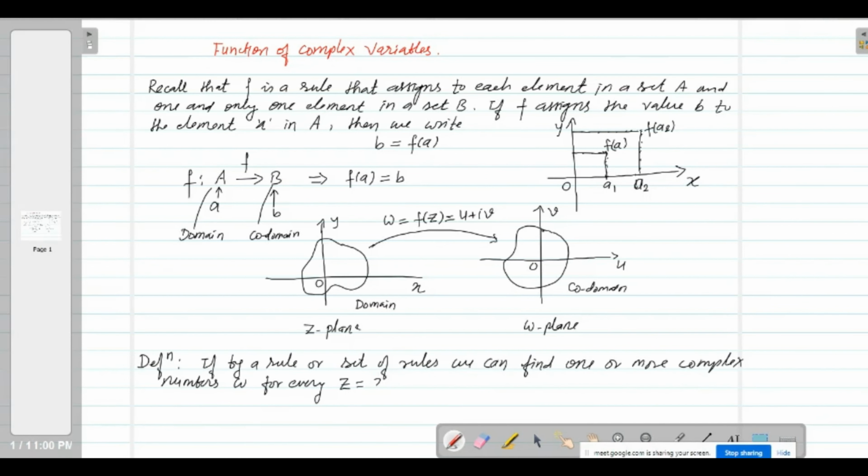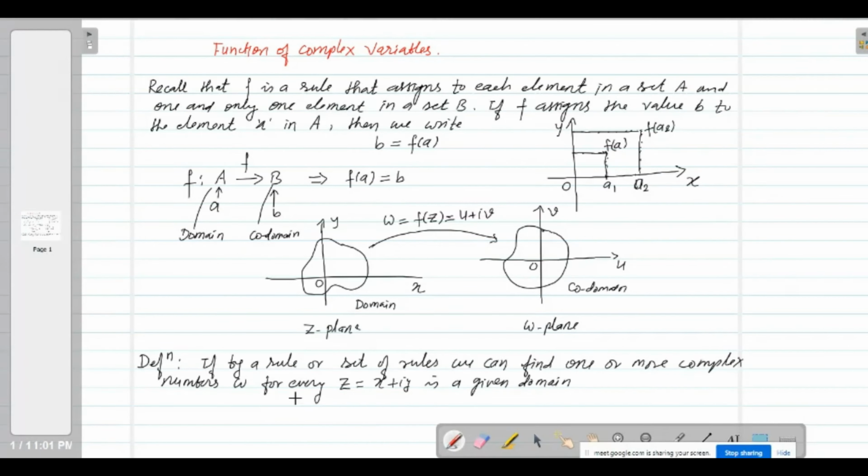but z is x plus iy, you know that. For every z in a given domain, this is the z plane, your z belongs to this domain.